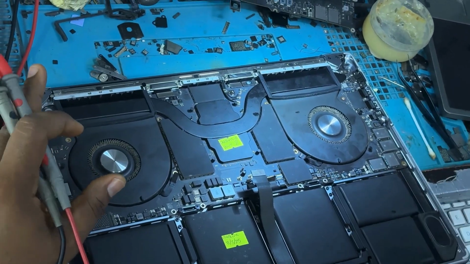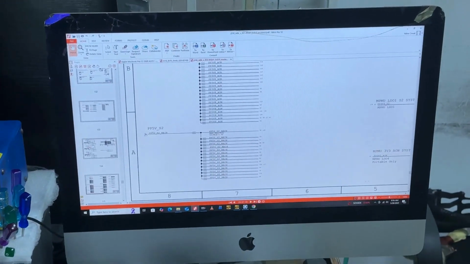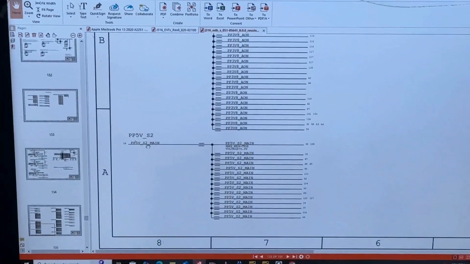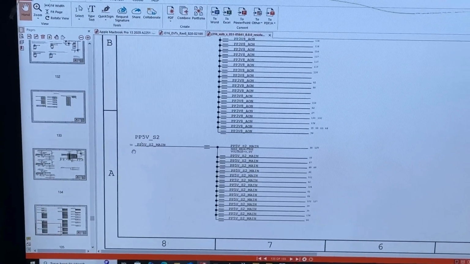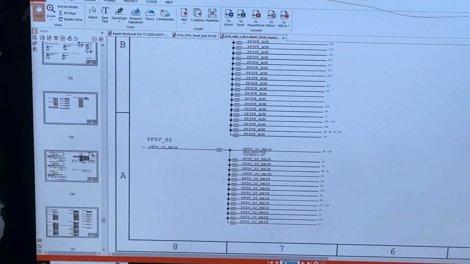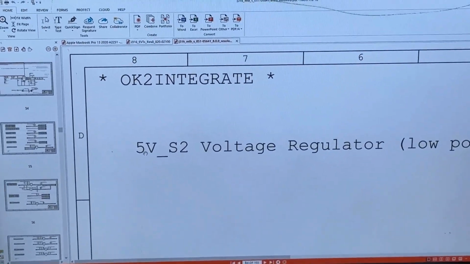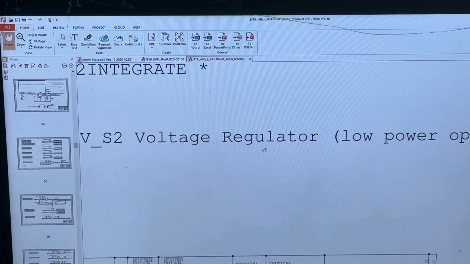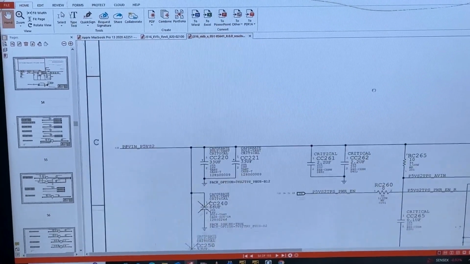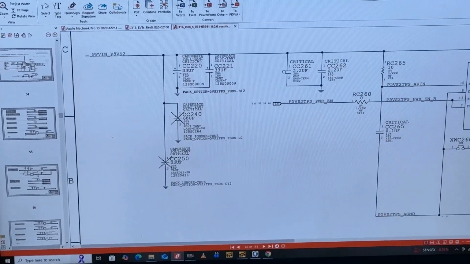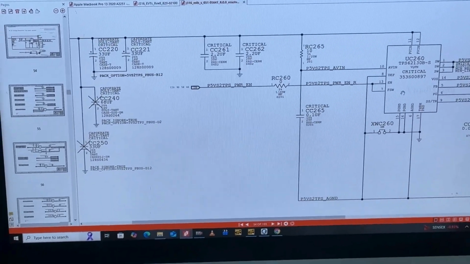Since the error is coming from the PP5VX2, you check on page 54 what is meant to produce this voltage. Page 54 shows the 5 volts X2 voltage regulator, low power option, which needs 12 volts present and enable present to trigger the 5 volts generation on this motherboard.